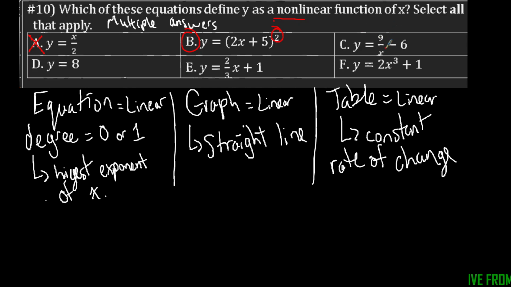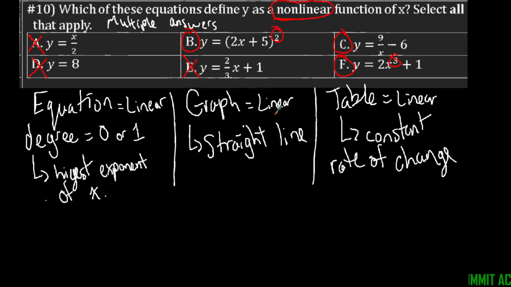Since the x is in the denominator, C is going to be a nonlinear function. However, D is a straight line. Same thing with E, that's also a straight line. And F, since the exponent is 3, F is going to be nonlinear. So we're just looking for the ones that are nonlinear in number 10.